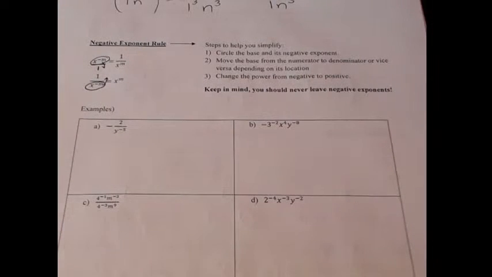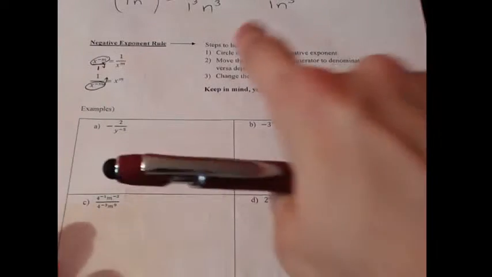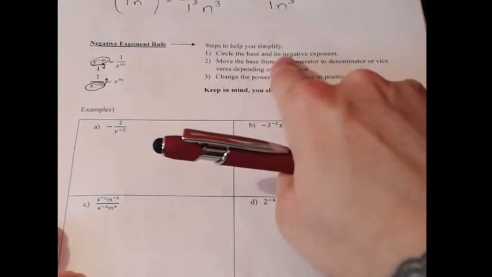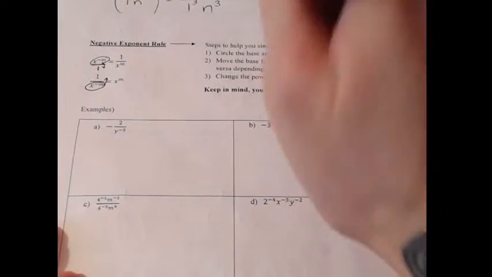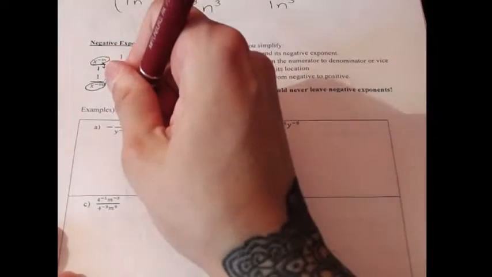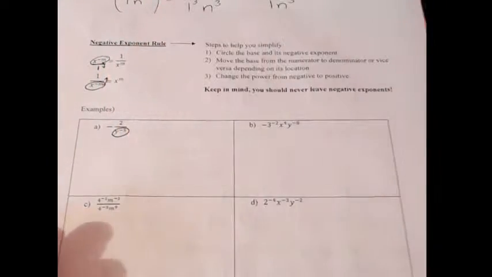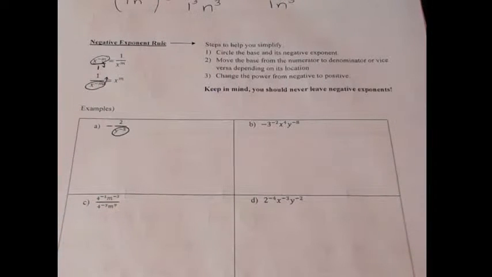We have negative 2 over y to the power negative 5, right? So, circle the base and its negative exponent. Okay, my base with a negative power is y to the negative 5th. Even though I have a negative in front of the fraction, that negative right here is not a power. It's just a negative fraction.